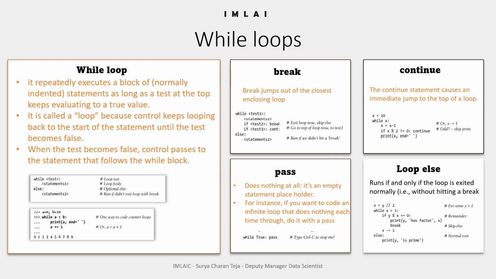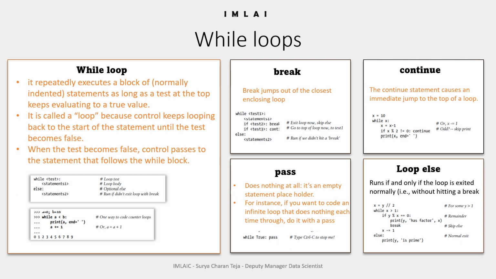And the last one is loop else. Loop else is a coding structure that lets us catch the other way out of a loop without setting and checking flags or conditions.